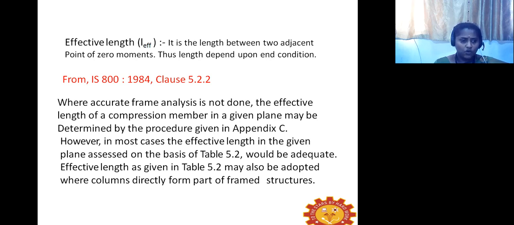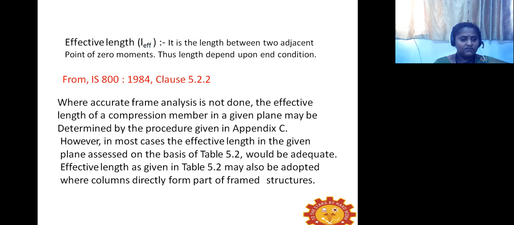As per the code IS 800 clause 5.2.2, where accurate frame analysis is not done, the effective length of a compression member in a given plane may be determined by the procedure given in the appendix. However, in most cases, the effective length in the given plane assessed on the basis of table 5.2 would be adequate.